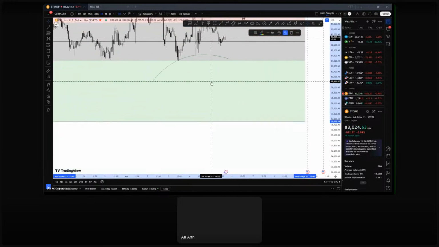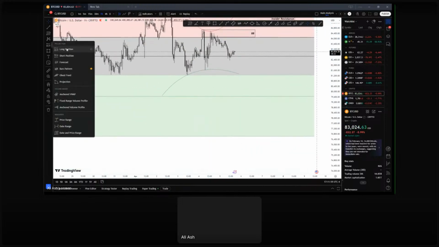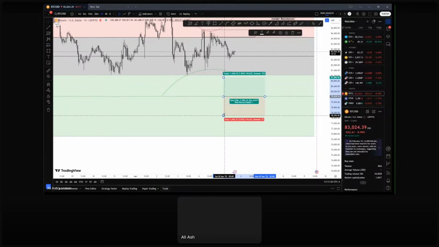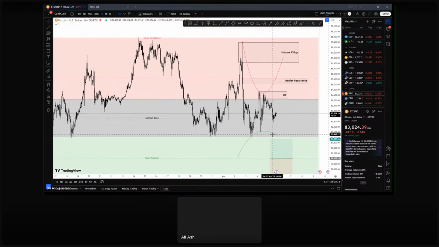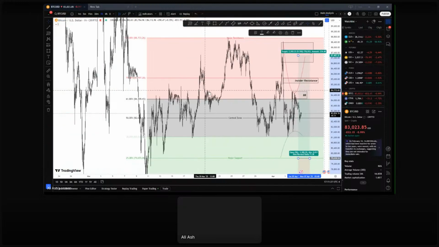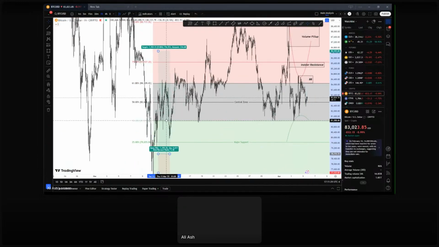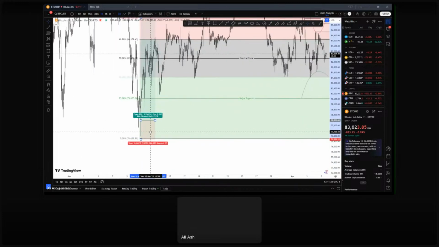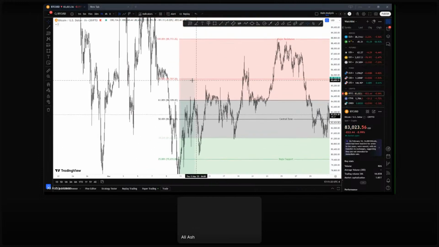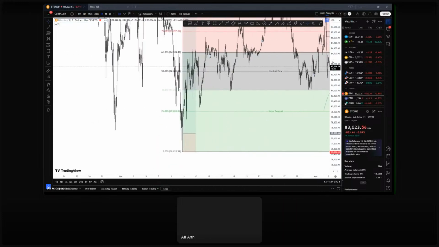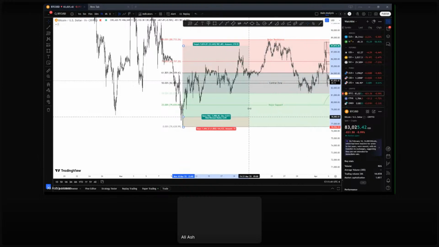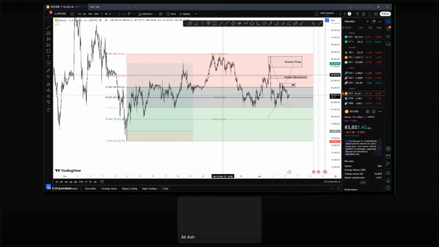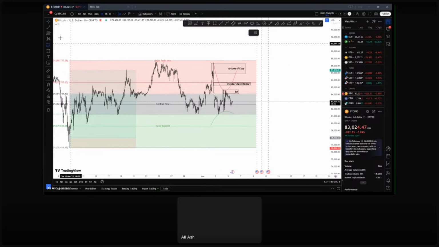So I'd be putting my trade here. This will be my long. Let's suppose the market is here. This will be my long, and this will be my short.